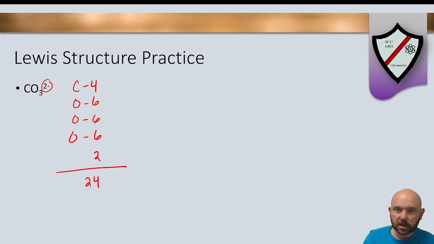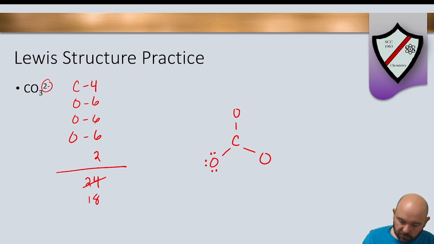The least electronegative element that is not hydrogen there is definitely carbon, and we'll put each of the oxygens on our carbon. We'll distribute, that uses a total of 6 valence electrons. We have 18 left with which to bond, which means we can put 6 on each of the 3 oxygens. And we may notice that when we finish, we again see all of the oxygens do have a satisfied octet, but the carbon, however, only has 3 single covalent bonds, meaning it only has 6 valence electrons.